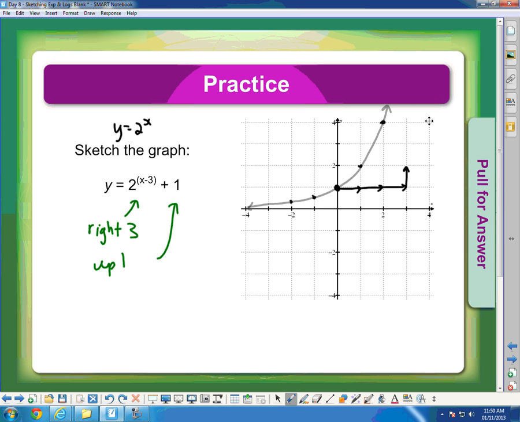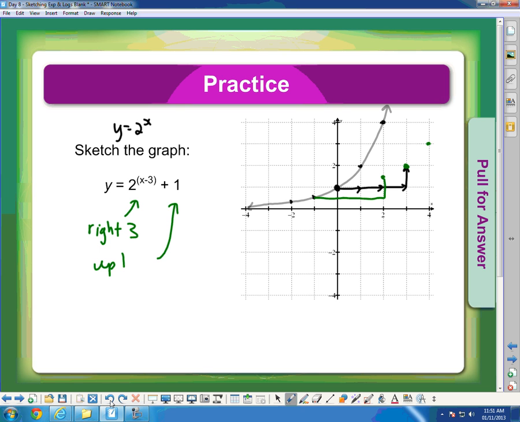So this point becomes here. And you can do it for all the points if you want. You know, this one can move over 1, 2, 3, and up 1, and that goes there. This point here can move 1, 2, 3, and up 1, and there's that point there. I'm just going to erase that so it's not in the way. But there's the point.